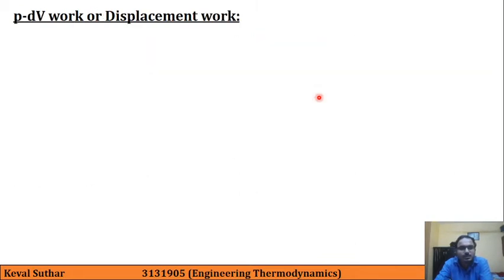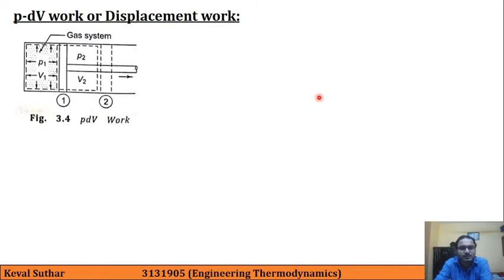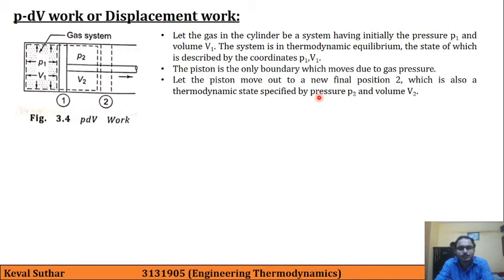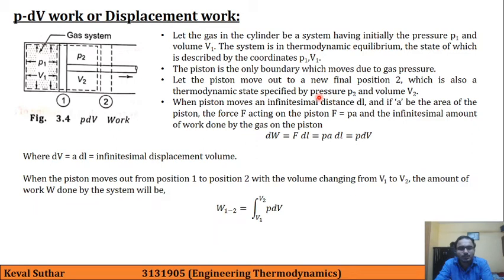Then we discussed about PdV work or displacement work with an example of piston cylinder arrangement. So with detailed discussion we arrived to a formula that work transfer from 1 to 2 is given by integration from V1 to V2 P into dV, that is called as PdV work.